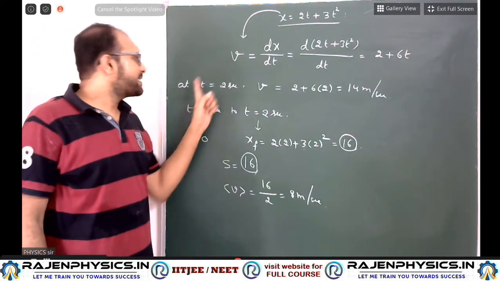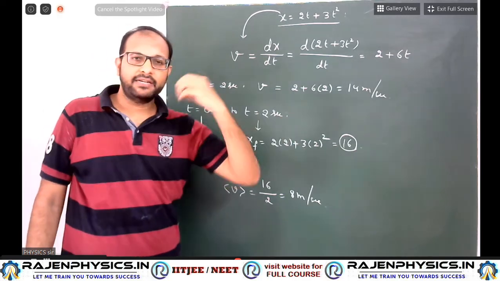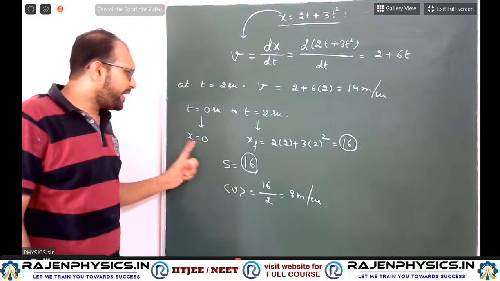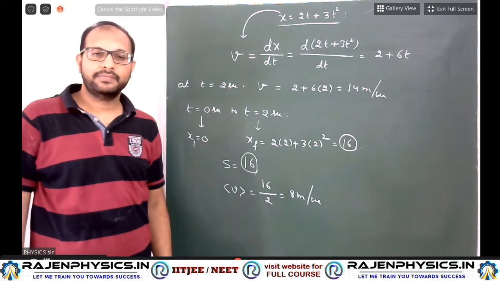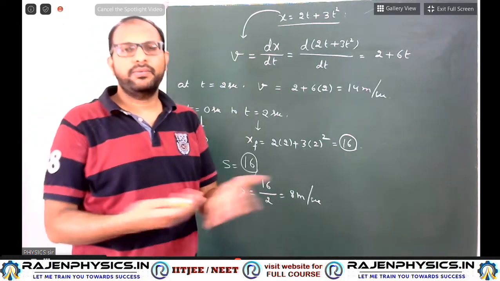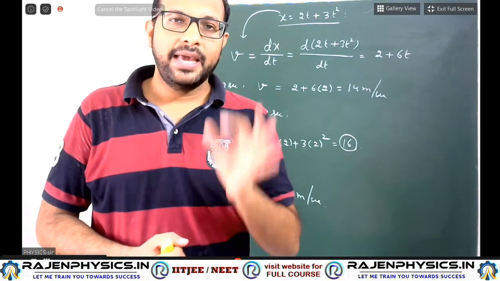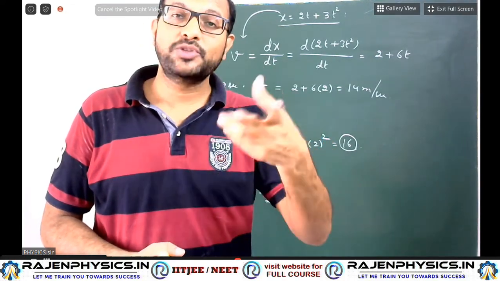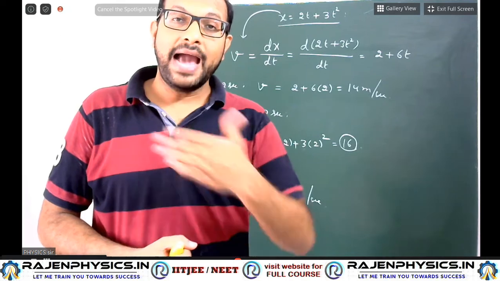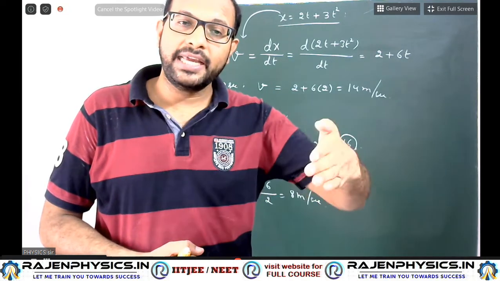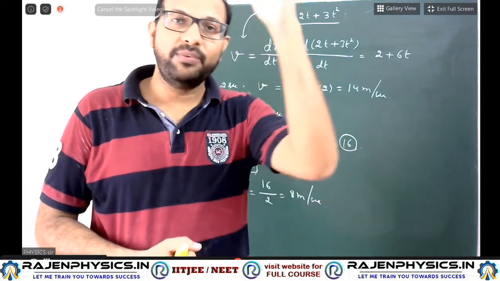So instantaneous velocity is a different concept, average velocity is a different concept. Maybe in some problems the values may coincide, that's all. But the meaning is different. Instantaneous is how much speed you are maintaining at that instant. Average is how much speed you are maintaining throughout the journey.